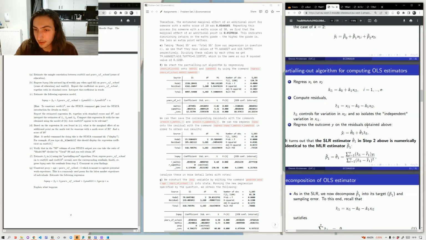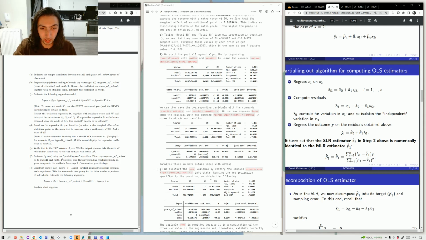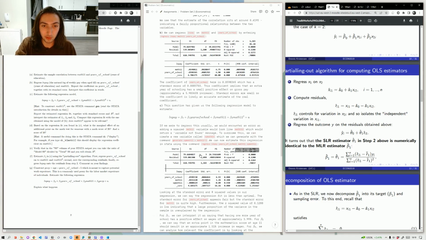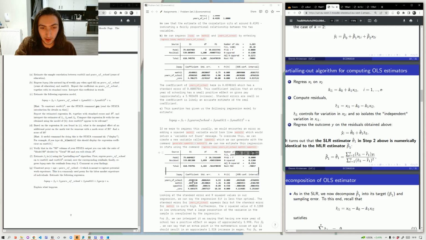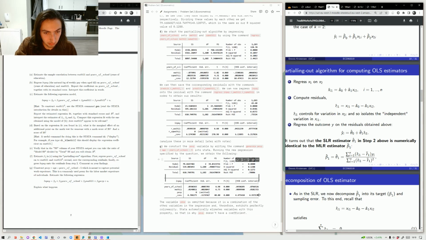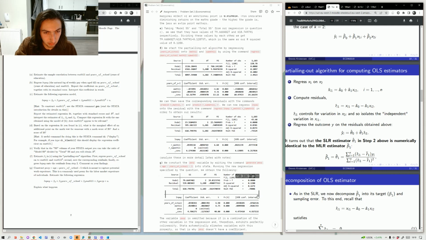Yeah, so essentially, we can see here this is basically the same as our previous coefficient. If you look here, we have 0.599, and then if you look at this one, 0.599. So it's the same. Wait a second.